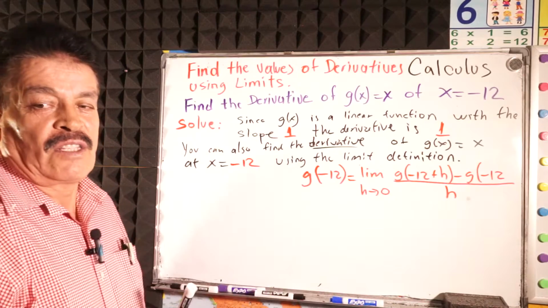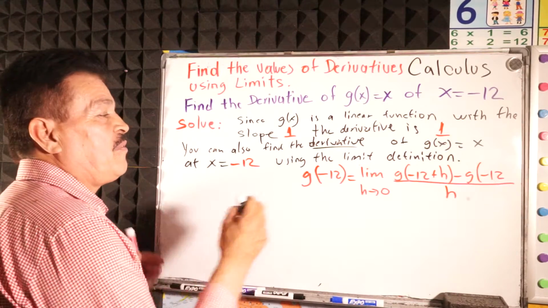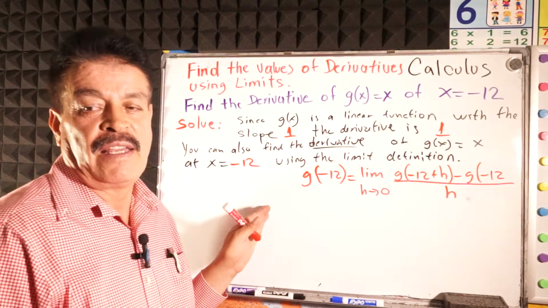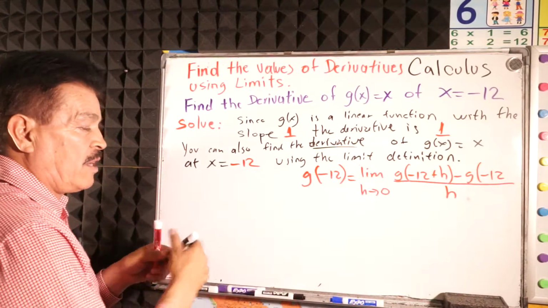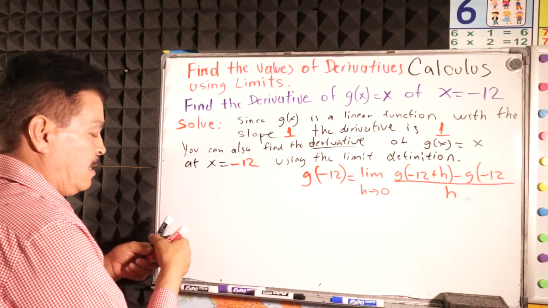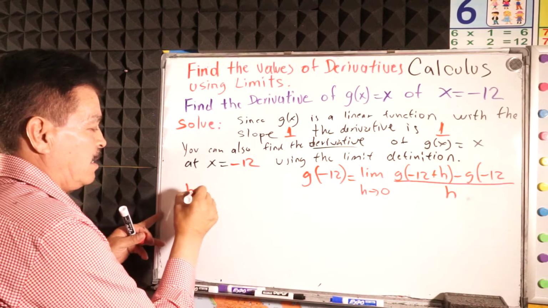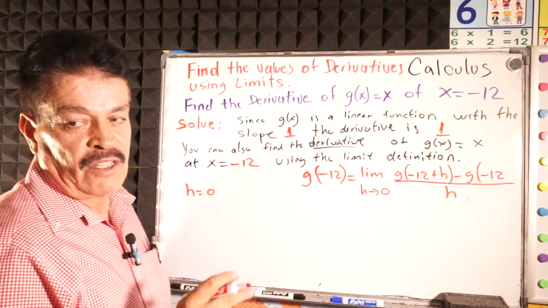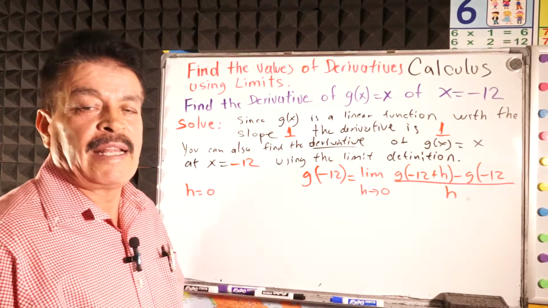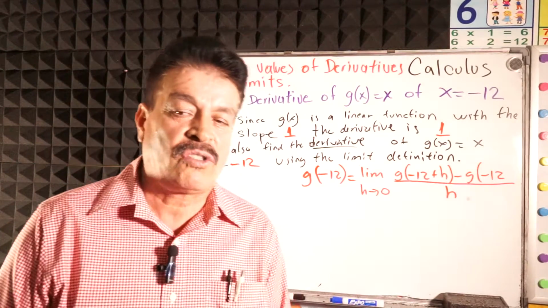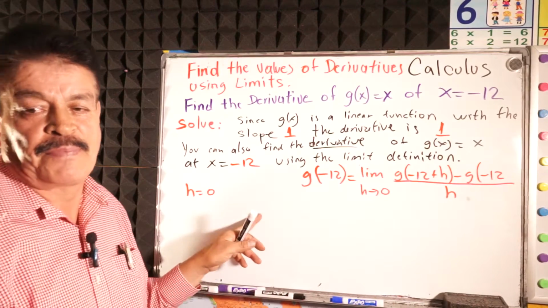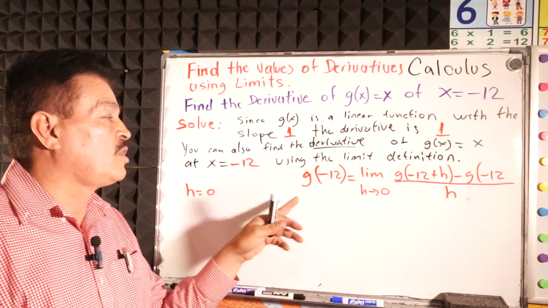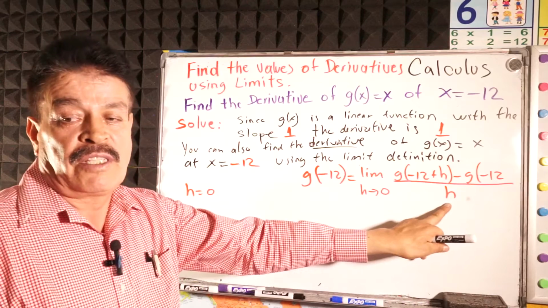All right. So you cannot simplify by plugging in h equals 0 to evaluate the limit, because that makes the denominator 0.